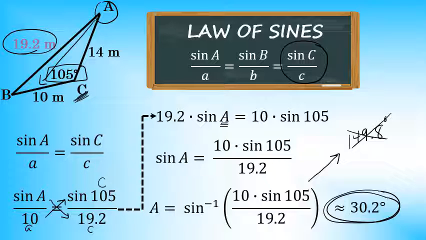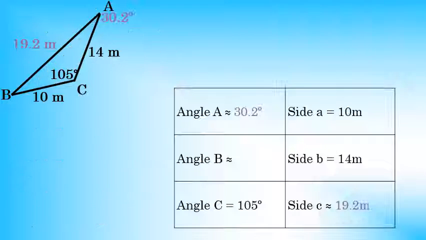Now that we know angle A and we're given angle C, the final step in solving this triangle, finding angle B, will be very straightforward. If you know two angles of any triangle, you can easily find the third angle by subtracting from 180. The sum of the three angles in any triangle is equal to 180 degrees.